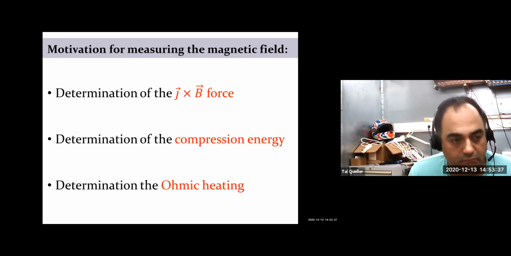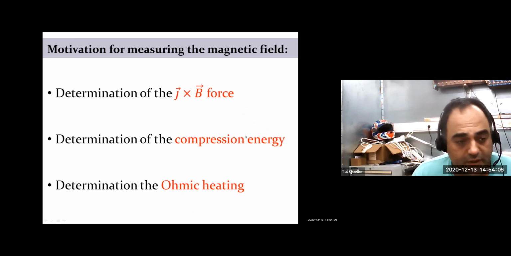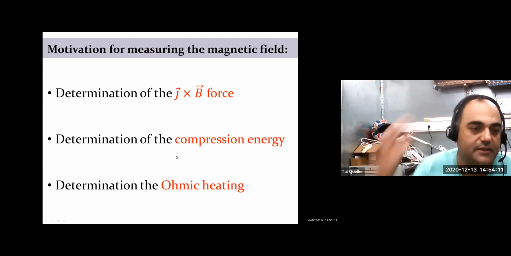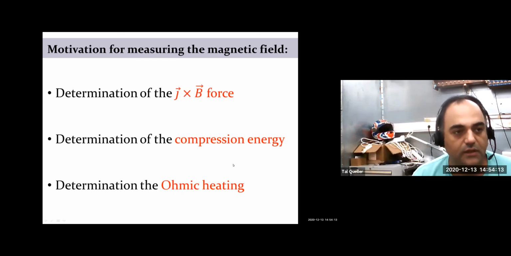It is very significant in determining the energy available for compression, since it holds a very large portion of the energy, and in determining the ohmic heating by determining the current flowing in the plasma column. There are a lot of other motivations, like knowledge about instabilities, but these are the main ones for now.